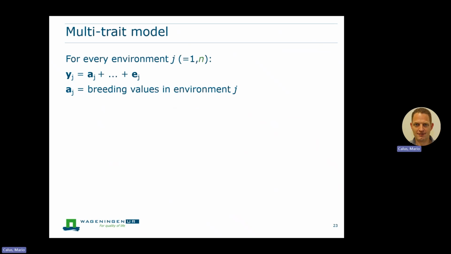So the multi-trait model, what does it look like? Basically, what we do for every environment, we construct a separate model statement that states that the phenotype of a particular individual is equal to its breeding value, a bunch of fixed effects, and the residuals. And this breeding value then pertains to that particular environment.